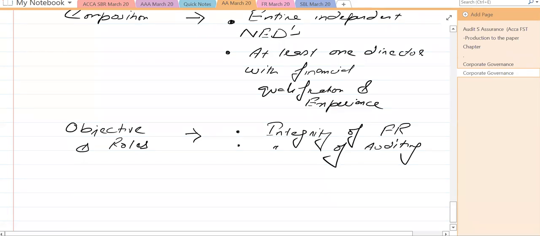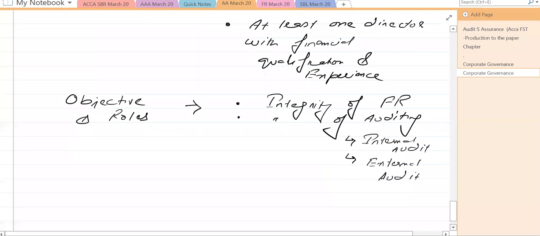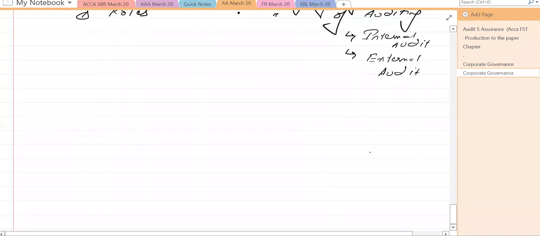So in the integrity of the auditing, it deals with both the internal audit as well as external audit. And I've explained the roles as well.